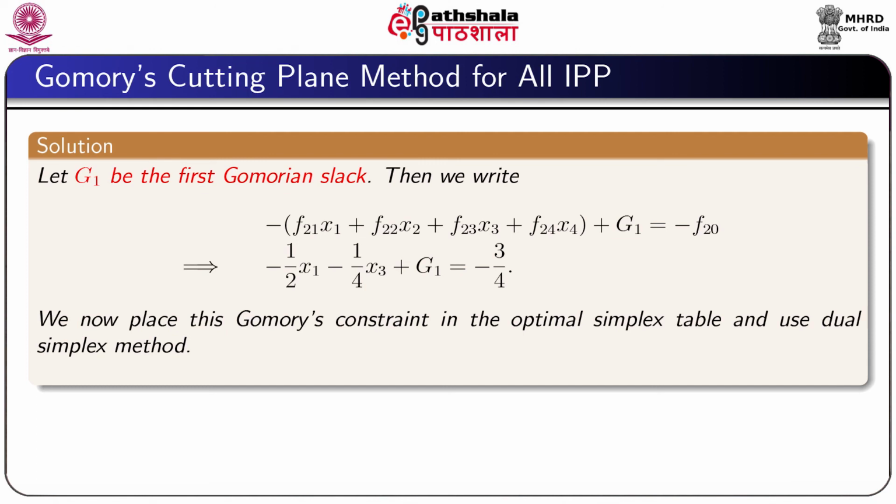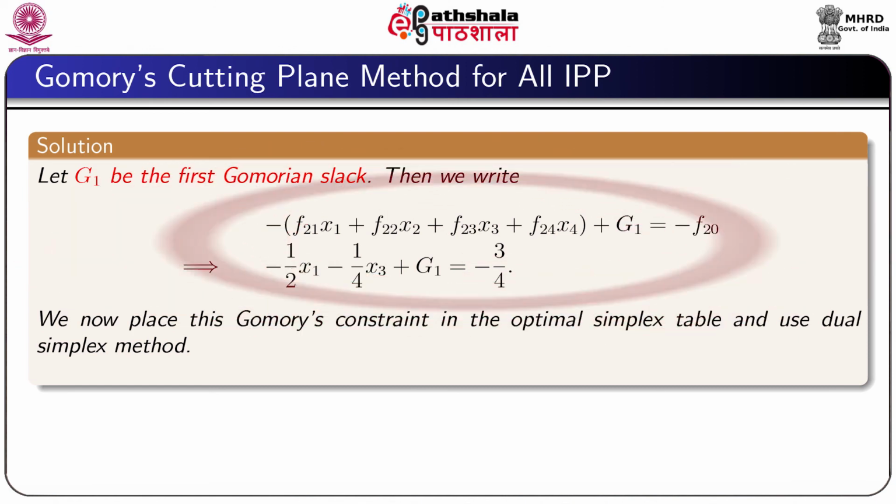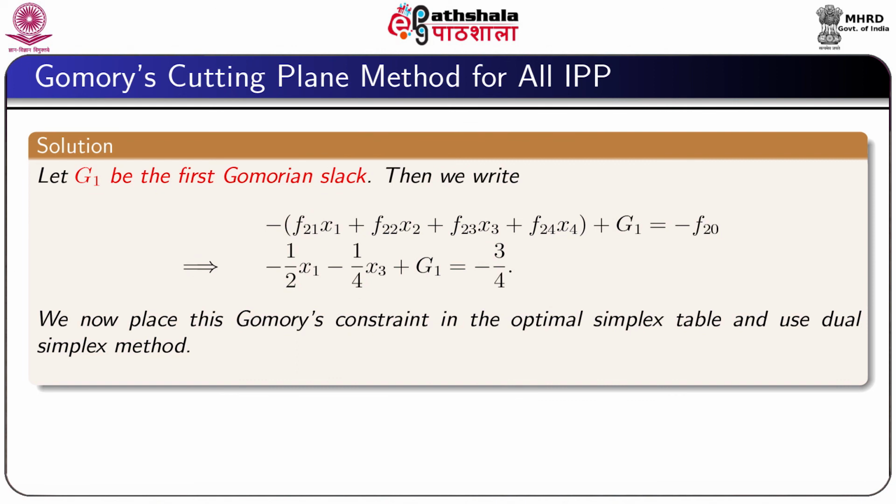Therefore, we can write the Gomorian constraint as minus f21 x1 plus f22 x2 plus f23 x3 plus f24 x4 plus G1 equal to minus f20, and this gives minus half x1 minus 1 by 4 x3 plus G1 equal to minus 3 by 4. Now, we place this Gomorian constraint in the optimal simplex table and we use the dual simplex method.